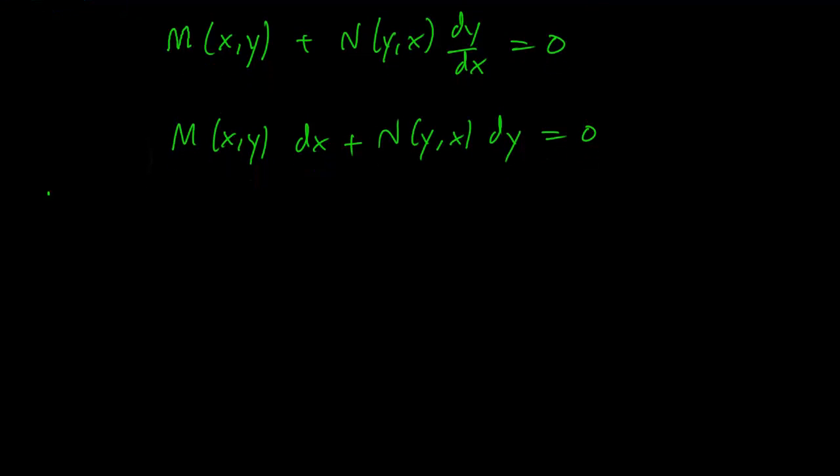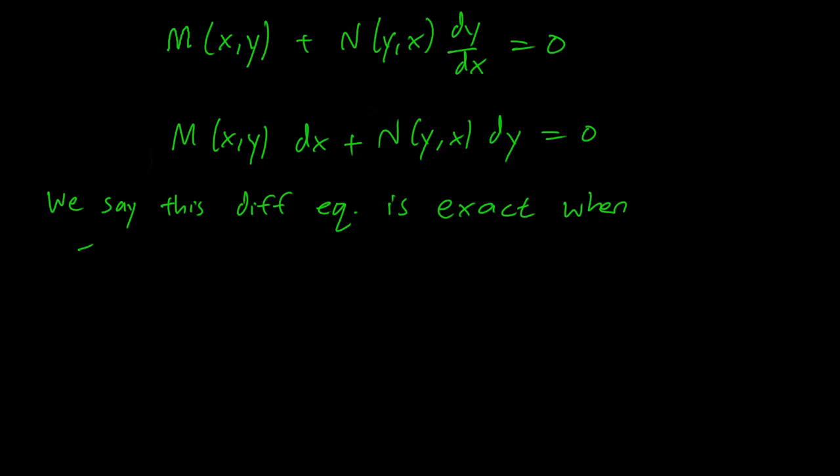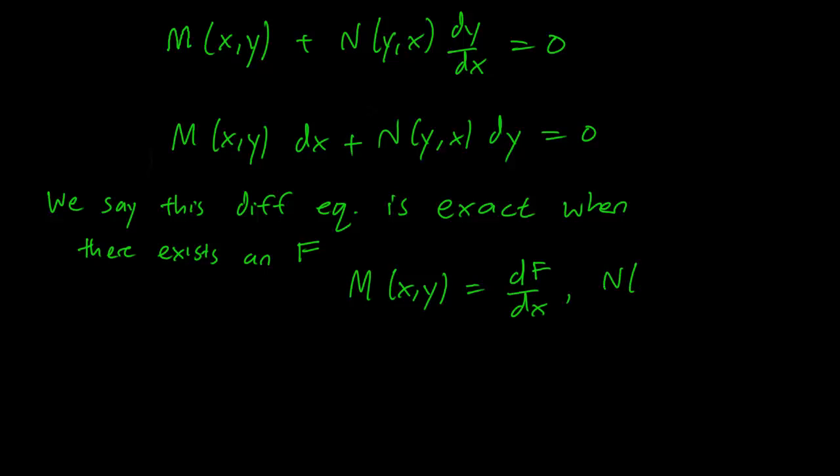And we say this differential equation, I don't know how to write Q, is exact when there exists a function f so that M is the derivative of f with respect to x and N is the derivative of f with respect to y.